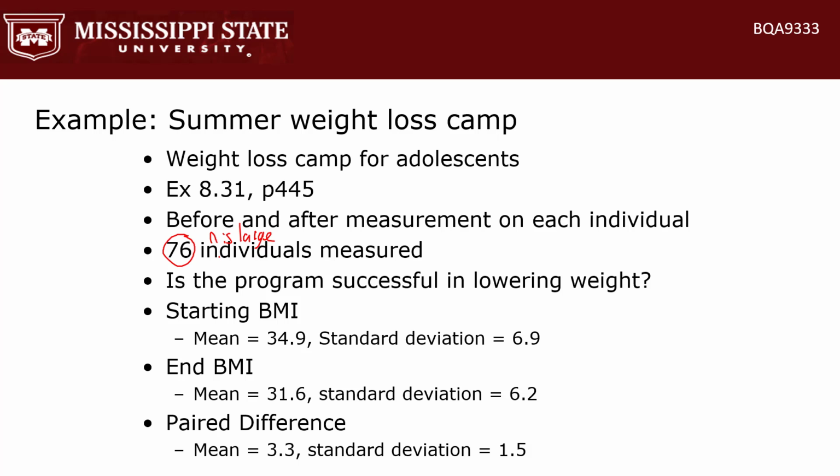Now, interestingly, this is where it becomes almost a trick. We are measuring for the individual. So this is paired. Each individual, we measure their weight before and after. So it's a paired test. We measure it before the camp and after the camp. And we have the before mean and standard deviation and the end mean and standard deviation. Because the data are paired, they're not independent.